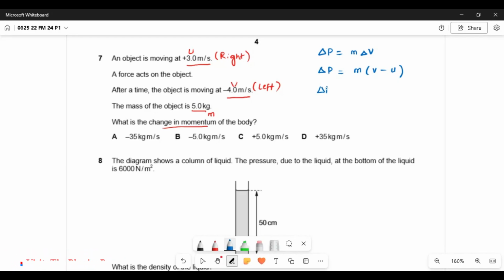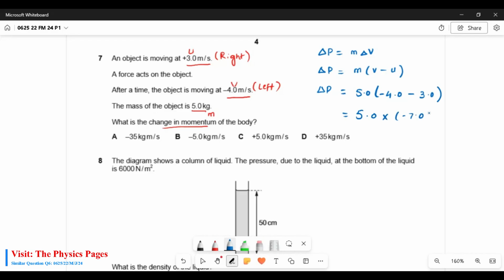So change in momentum will be 5 kilogram into negative 4 meter per second minus positive 3 meter per second. So this could be 5 times negative 7 meter per second. So it would be negative 35, and the unit is kilogram meter per second. So this is option A, and negative is showing that it was to the left.